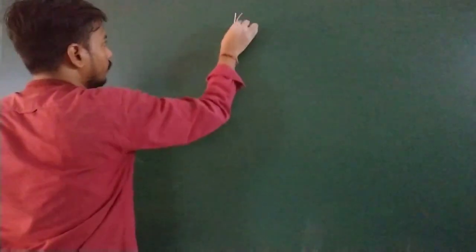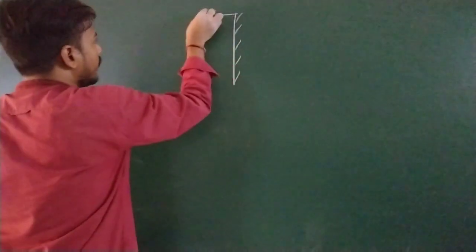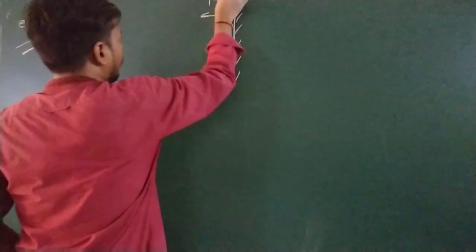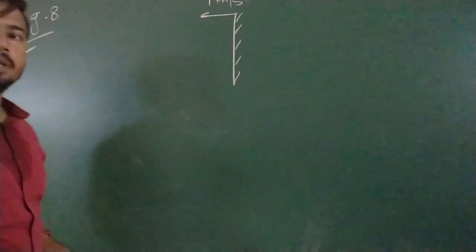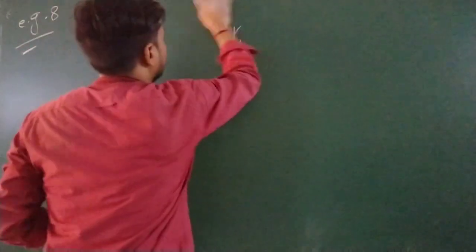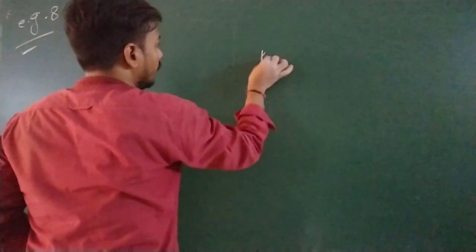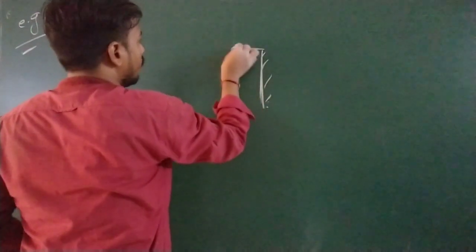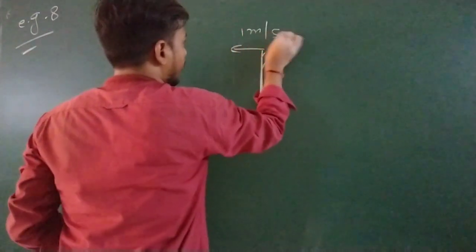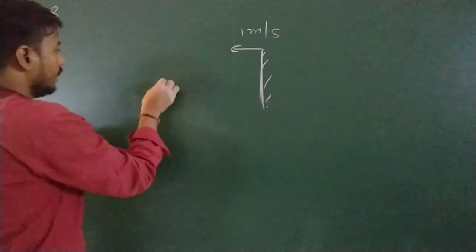Now see here. Now the mirror is moving with 1 meter per second. This is the mirror, and the mirror is moving with 1 meter per second.